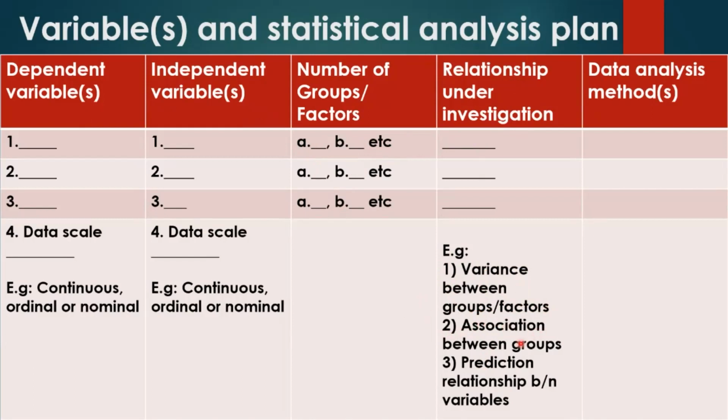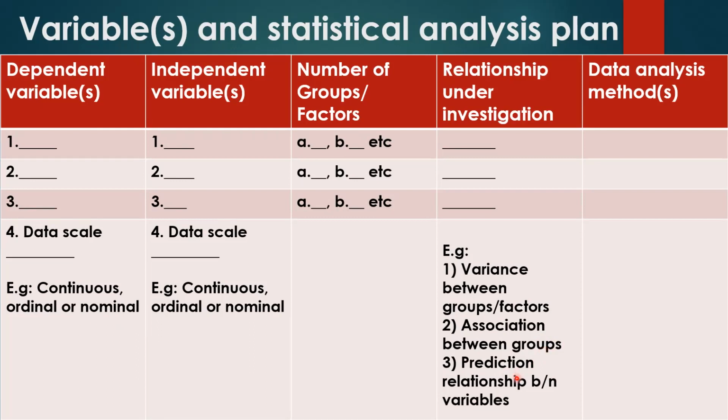Or you're looking at association between groups. Association between groups can be a chi-square. Chi-square is one of the association between groups. For instance, if your groups are categorical, you can use chi-square, but we are going to see more of that.